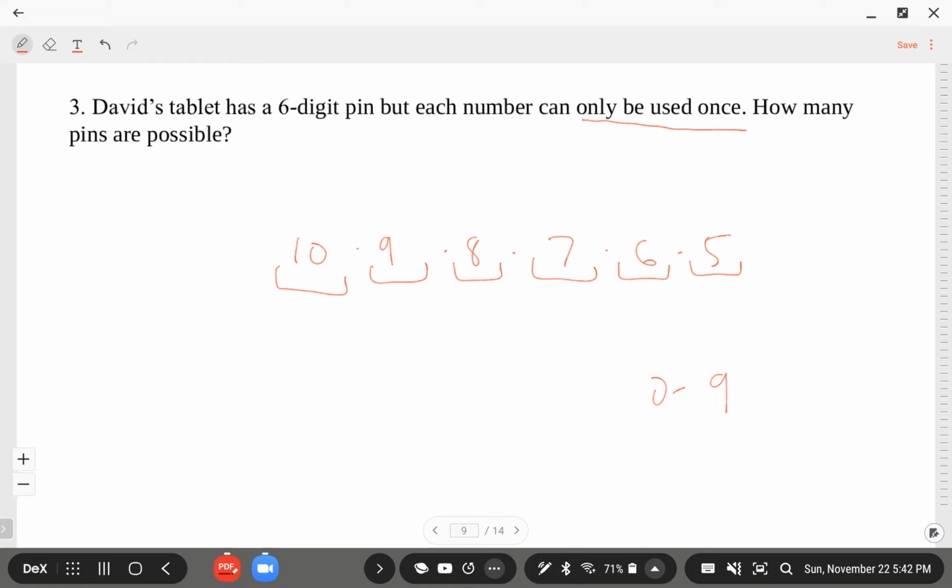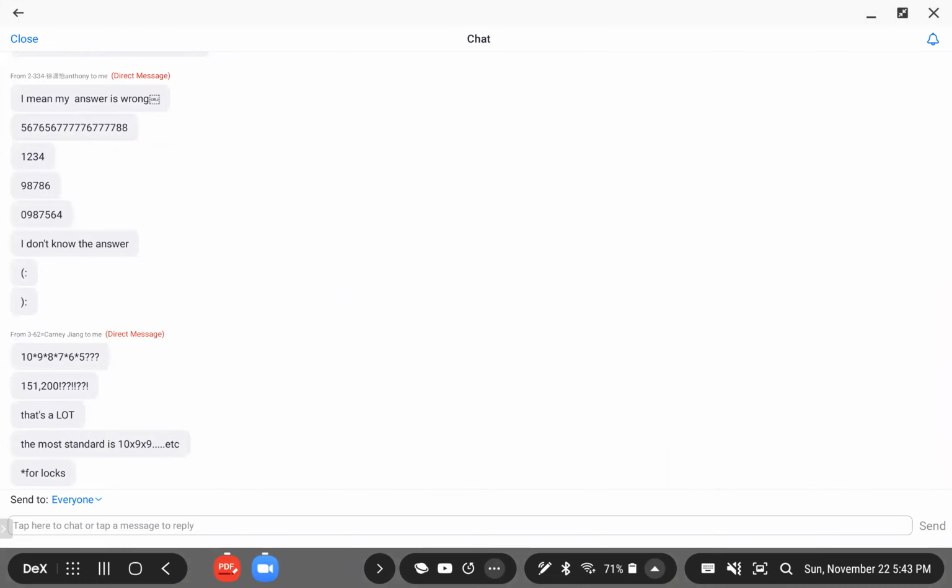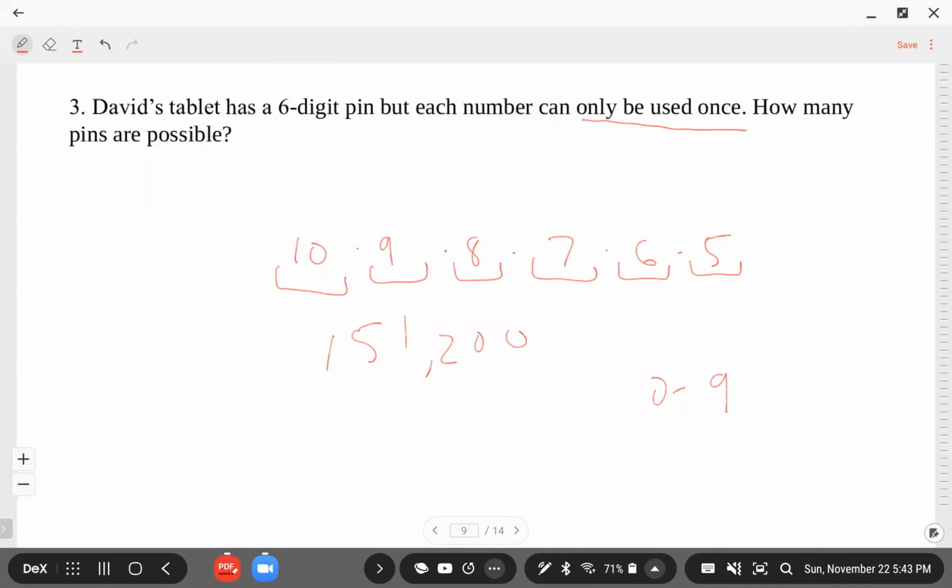So 10 times 9 times 8 times 7 times 6 times 5 would be 151,200. Please verify. Let me multiply again to make sure I didn't make any mistakes. This is also a very good habit. Make sure you don't punch in a wrong number in your calculator.